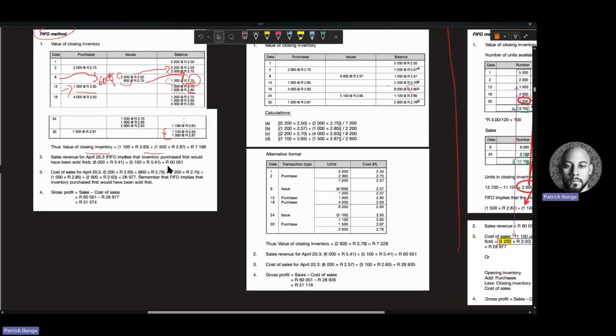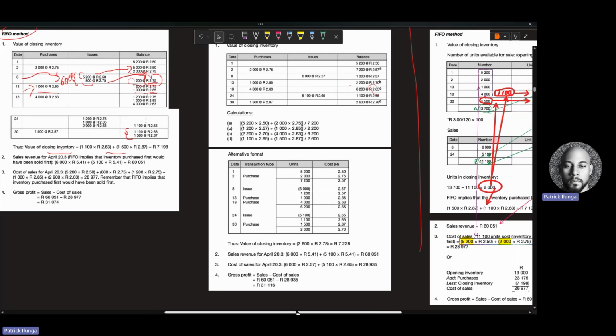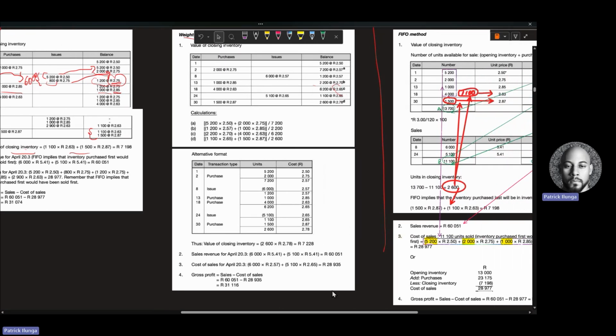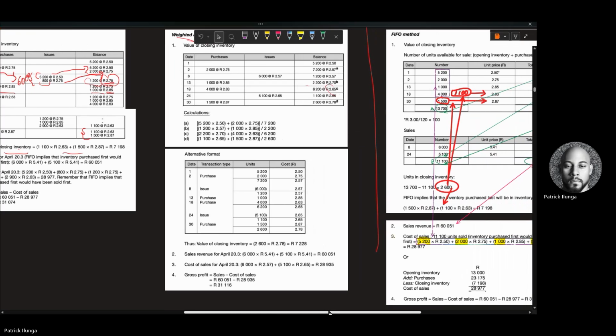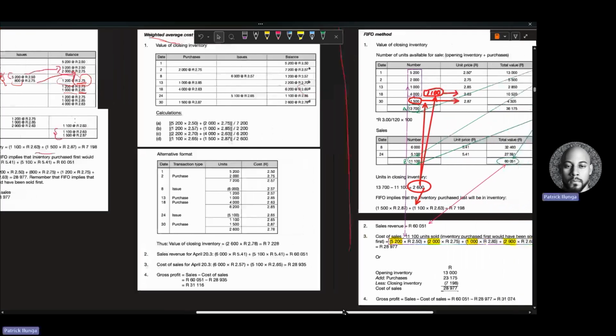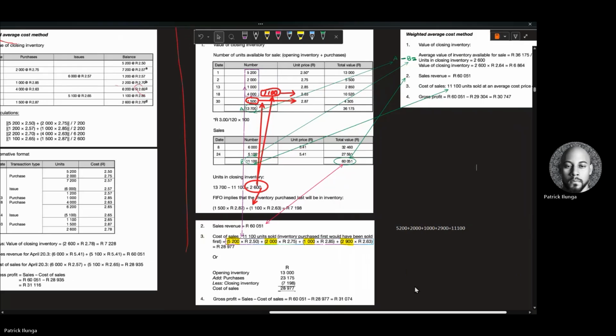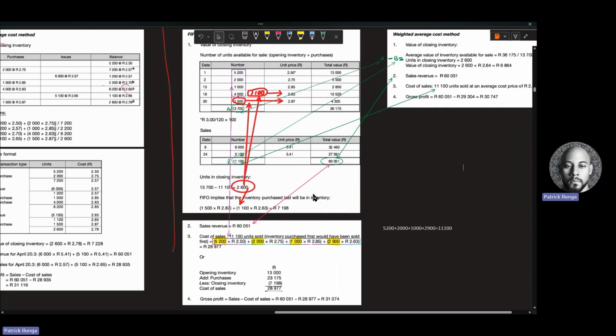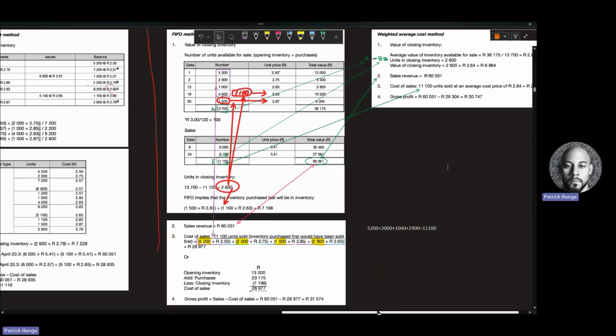What is the total? 60,051. Same thing for all the methods. Look at all the methods. The sales revenue is always the same. Makes sense, right? So the sales revenue won't change.